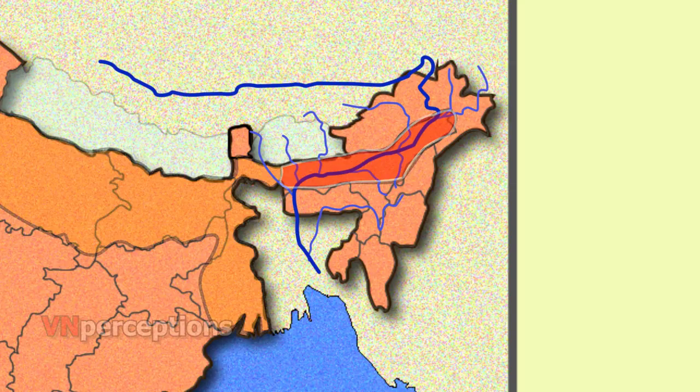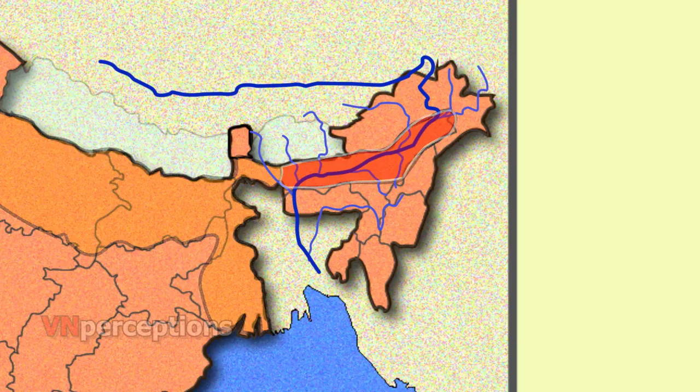Now, the general elevation of the valley ranges from 130 meters in the east to 30 meters in the west. Geologically, the valley is formed by the deposition of alluvium, which is about 1,500 meters thick. Brahmaputra is the lifeline of Assam.